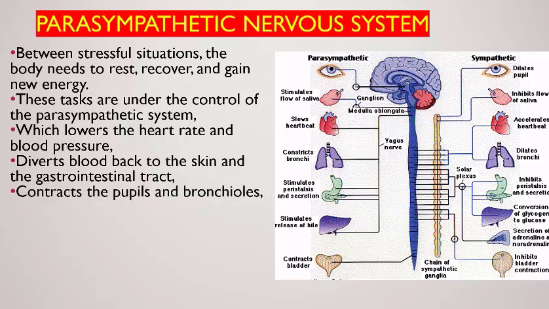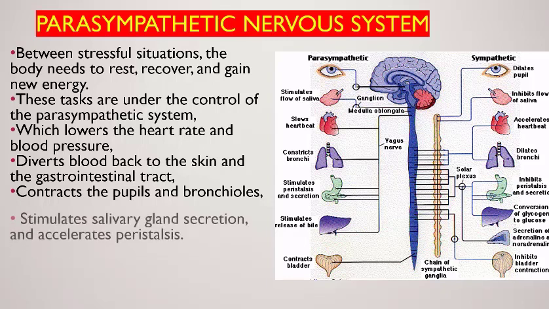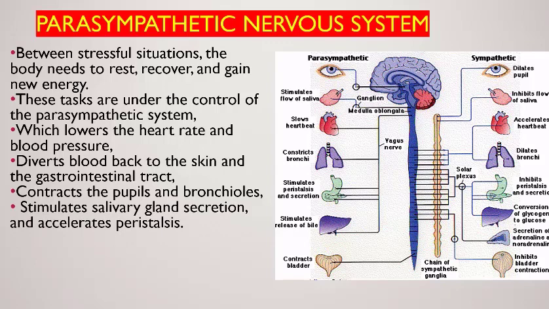It contracts the pupil and bronchioles. In sympathetic activity, the bronchioles are dilated and the pupil is dilated. In parasympathetic activity, the pupil contracts and the bronchioles are also contracted. It stimulates salivary gland secretion and accelerates peristalsis.